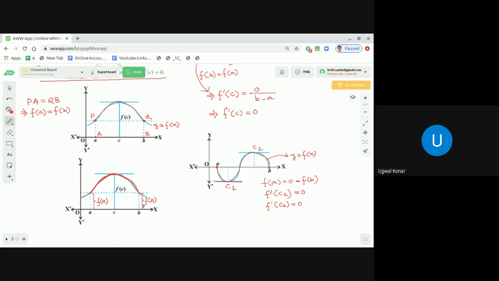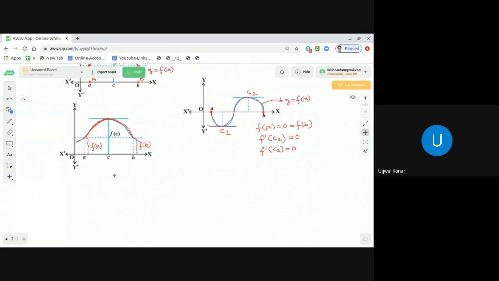That is one thing. In a similar way, you can think when the curve is something like this. Let me draw the curve in a different color. Suppose a curve something like this. The same thing has to happen. If this is the value of the function at x equal to a, then at x equal to b the value has to be the same, so that I can draw a straight line.